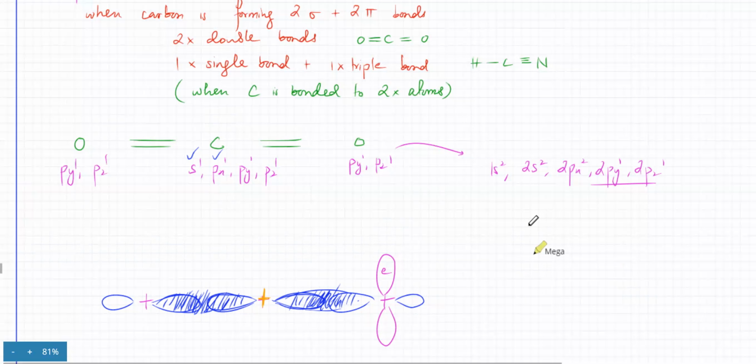It needs an electron. Carbon has another orbital, which is py. What are they going to do? It also has one electron in it. They're going to start overlapping above and below, right?